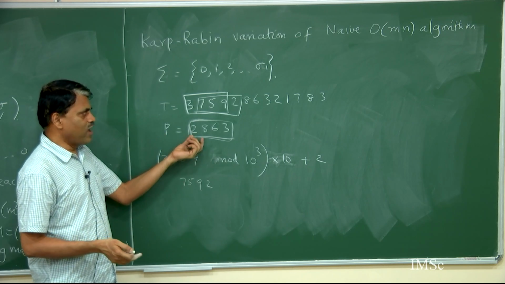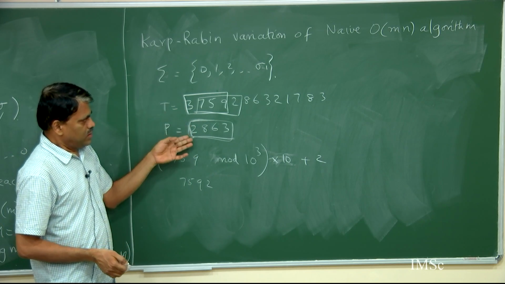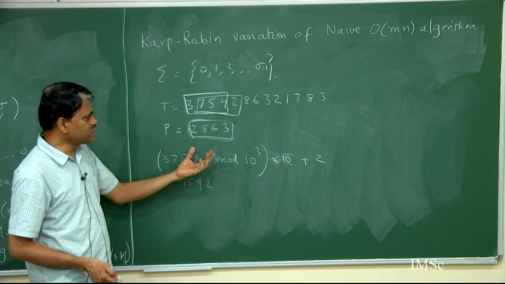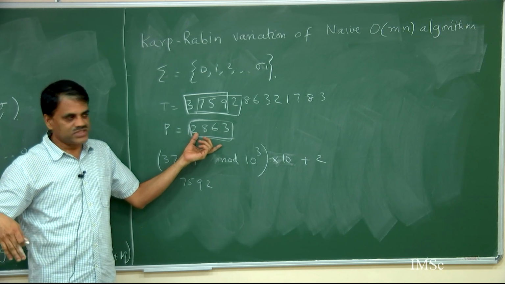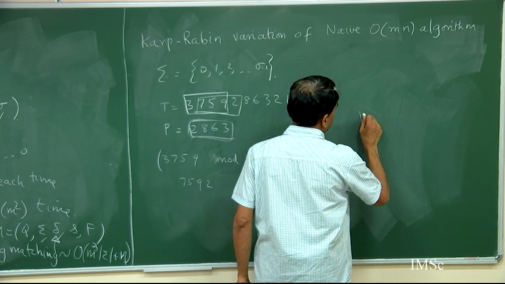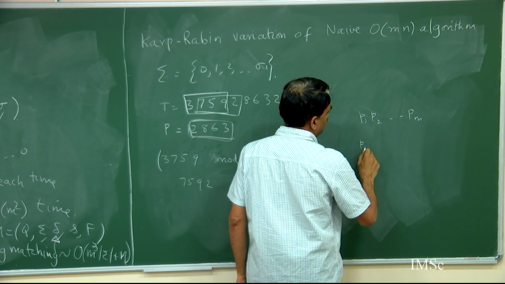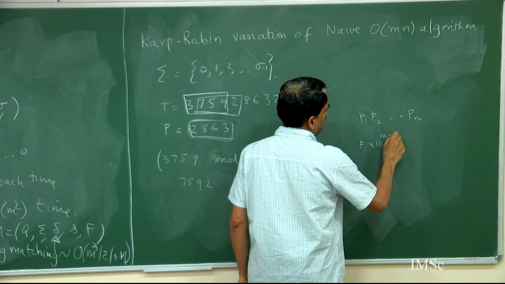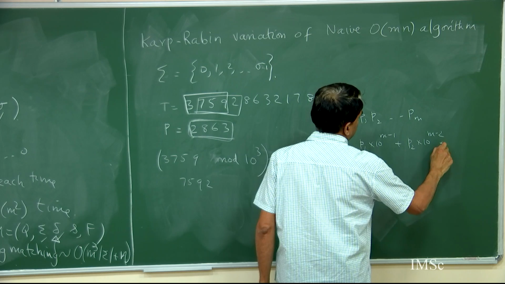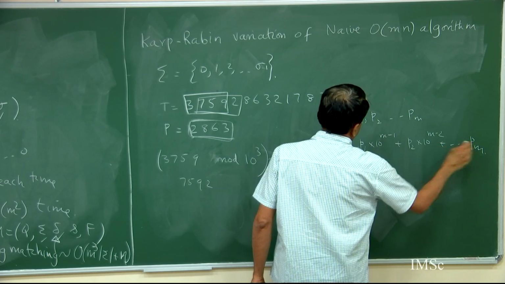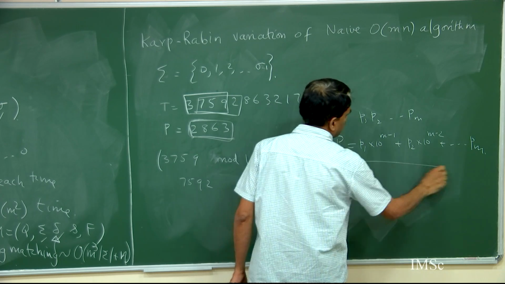If you have ability to just compare these big numbers. So, compare these two numbers. So, first compute what this number is, you need to spend some order m time, right, if you are given this P1, P2, Pm, then you will do P1 into 10 power m minus 1 plus P2 into 10 power m minus 2 plus Pm, and that is this big P, your number.